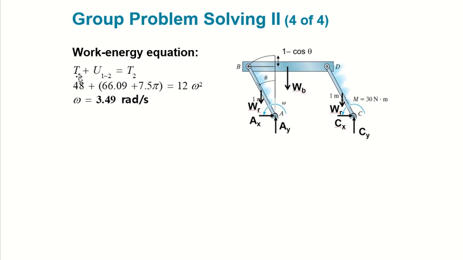Initial kinetic energy is 48, and we did this amount of work. We add them up, and that's equal to your final kinetic energy, which is 12 angular velocity squared. As you solve it, you will get 3.49 radians per second.